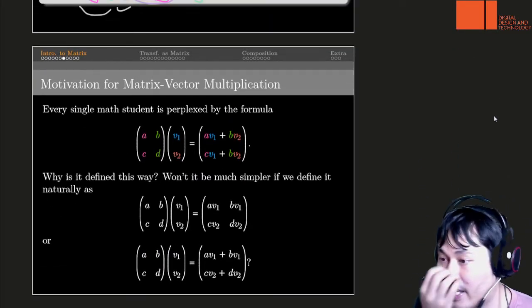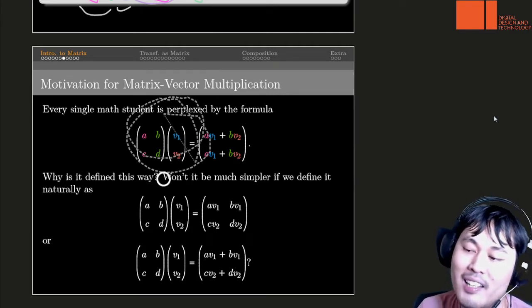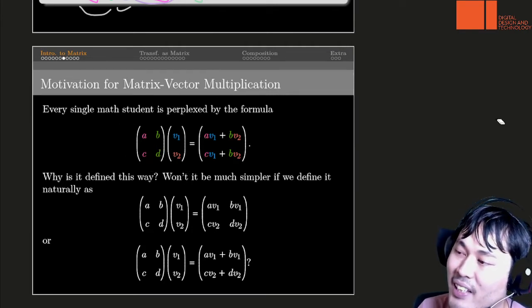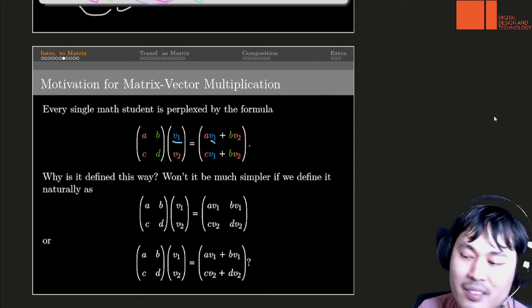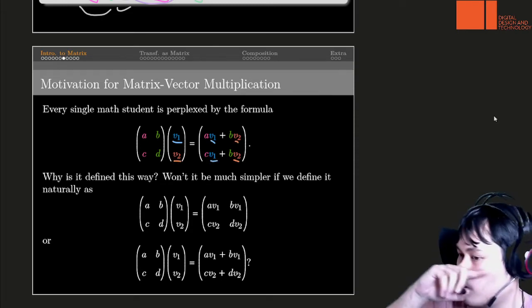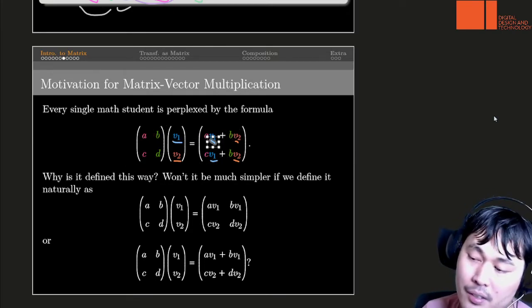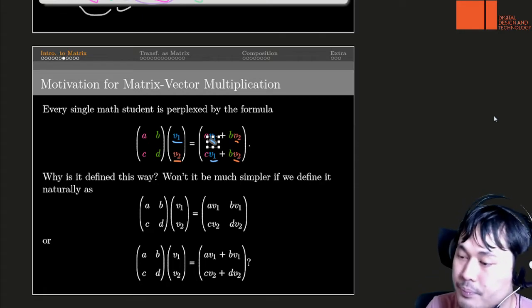I think I kind of explained that a little bit earlier. If you color everything, then you can see that this V1 is used twice, V2 is used twice, and A, B, C, D are still in their corresponding positions.